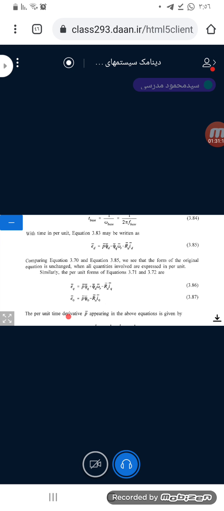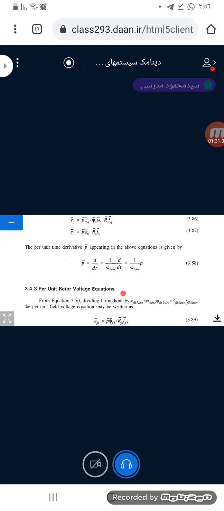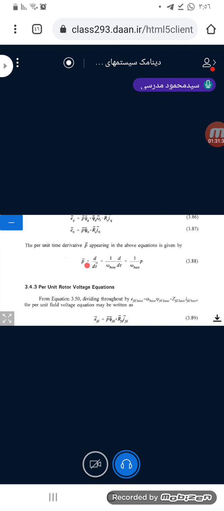Per unit time derivative p appearing in the above equation is given by p is equal to d/dt, which is equal to 1 over omega base multiplied by d/dt, that is equal to p over omega base.